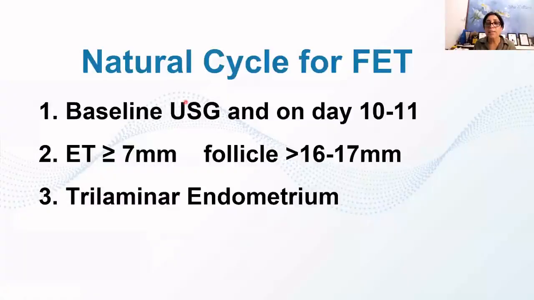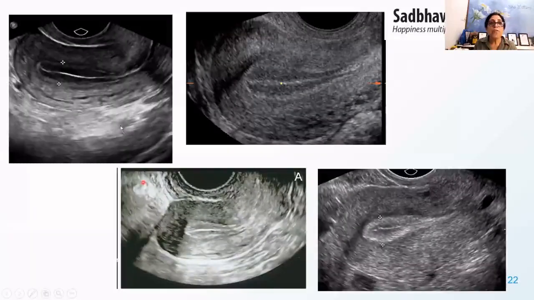If she has short cycles, we may do an ultrasound on day 8, day 9. If she has cycles of around 28, 30 days, then we start monitoring around day 10, 11. We monitor till her ET is more than 7 mm and we have a dominant follicle of around 17, 18 mm and a trilaminar endometrium. Once these things are fulfilled, this is what we want: a trilaminar endometrium.